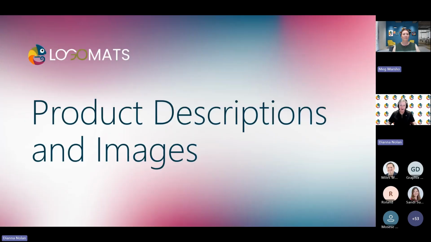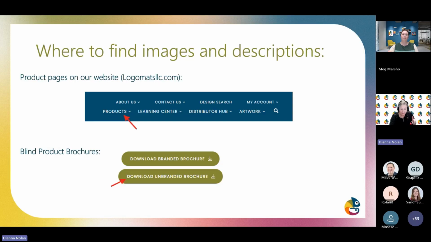All right, so this next section, we're going to discuss where to find product descriptions and images for you to include in your online store. On our website, logomatsllc.com, each of our products has its own dedicated page.